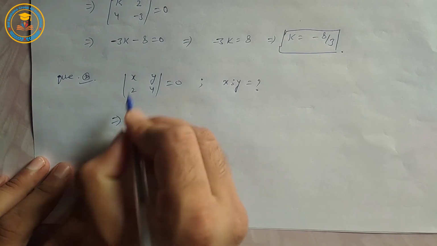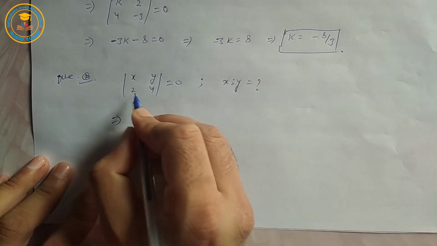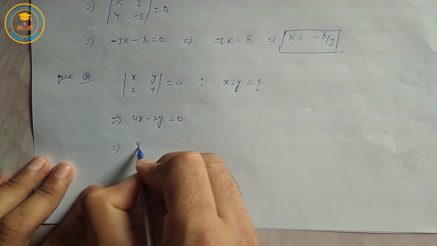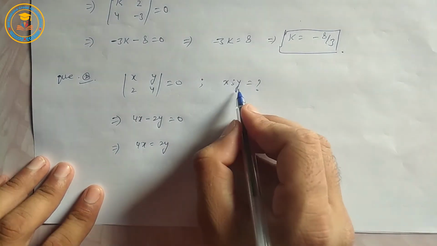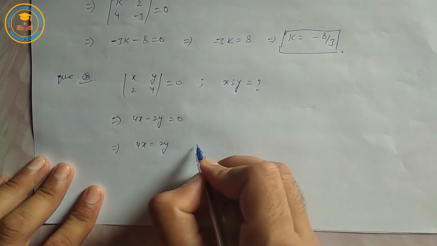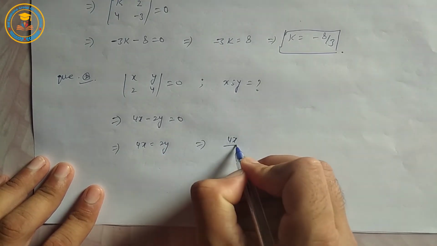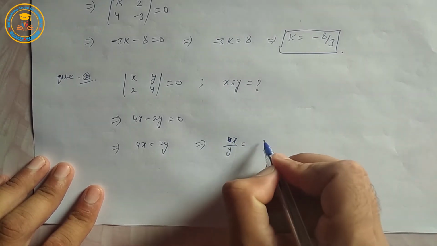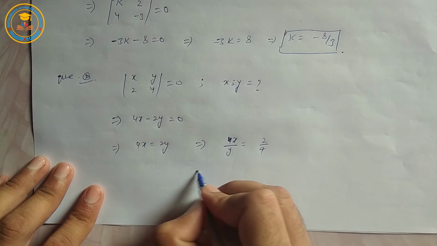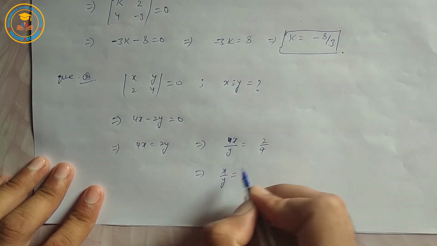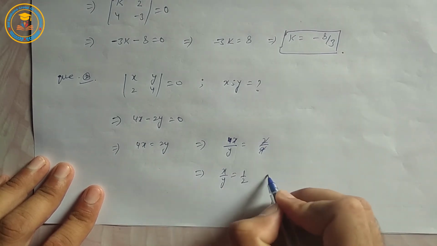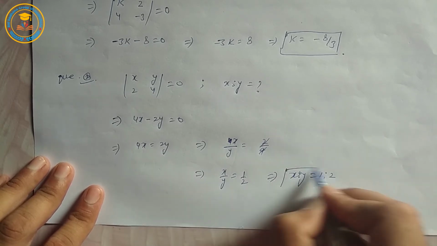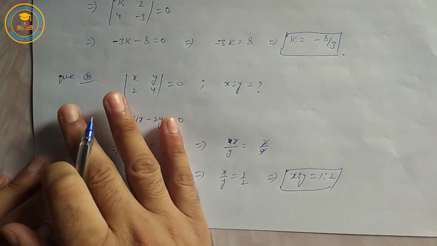It means x times 4, 4x, minus 2 times y, 2y, is equal to 0, implies 4x is equal to 2y. X ratio y means x upon y is equal to 2 by 4, implies x by y is equal to 1 by 2, implies x ratio y is equal to 1 ratio 2. That is the answer of question number 2.